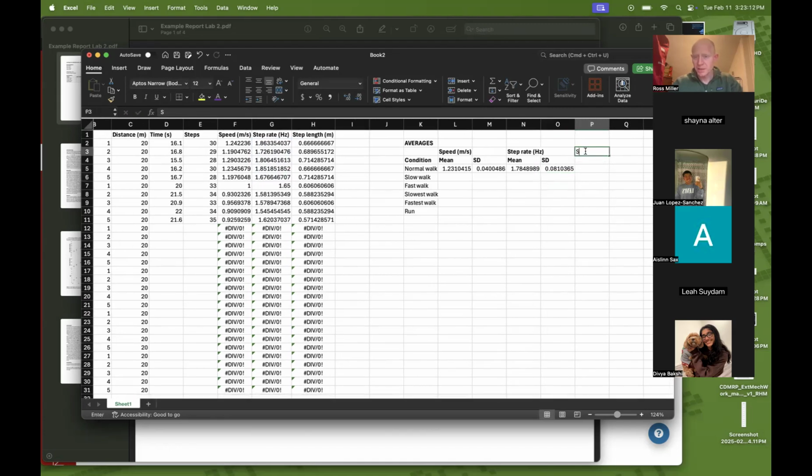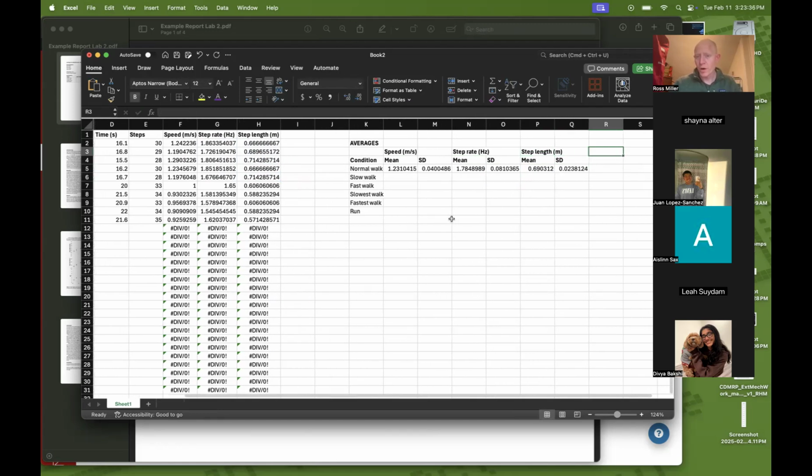And then lastly here for my step length, where again, I'll have a mean, the average of my five step lengths, and then standard deviation, STDEV, of those five repetitions. Okay.